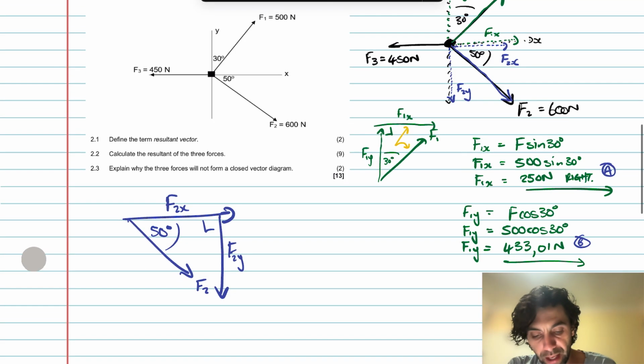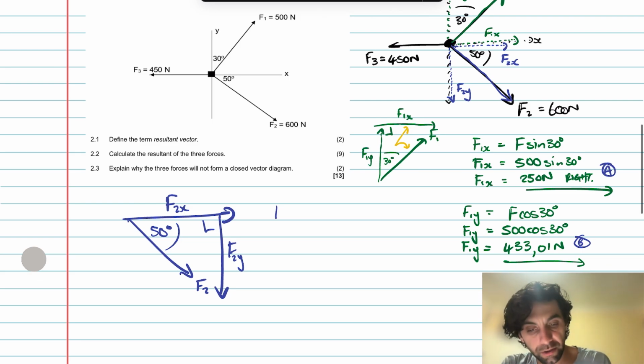You don't get marks for this, but it just helps me to see which trig function I should be using. So let's quickly describe what F2x looks like. Let's quickly double check this. We have our adjacent, and our force is the hypotenuse. So in this case, we have F cos of, sorry, not 30, 50 degrees.